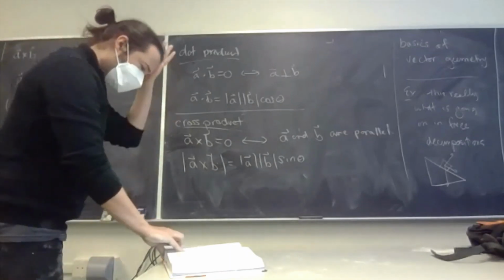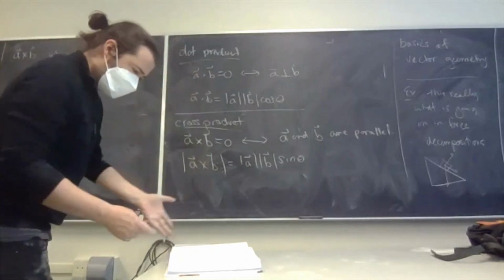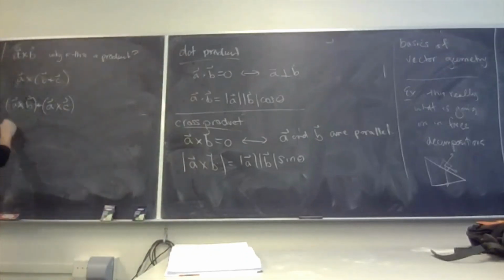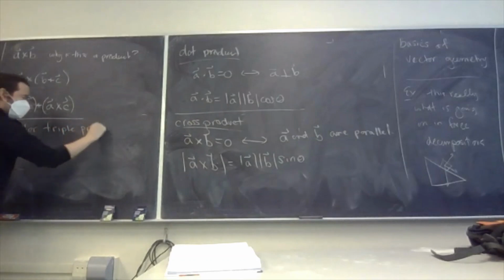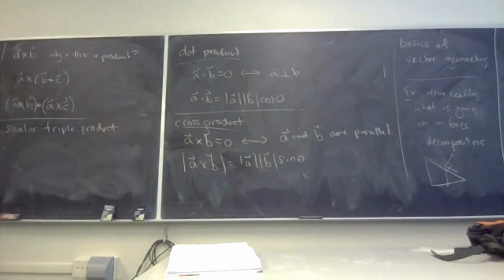All right, what else do I want to say? There's a more interesting one, I think, which is this one. It has a fancy name, the scalar triple product. If you start with a vector A and you dot it with the cross product of two vectors B and C, it's a triple product because there's three things that have been multiplied with two different multiplications.